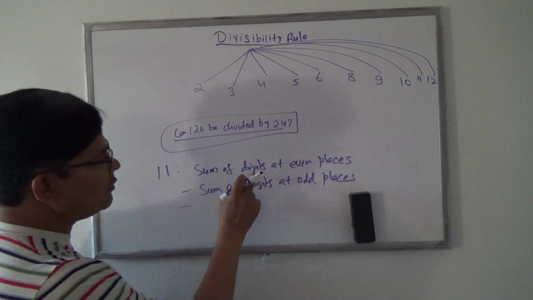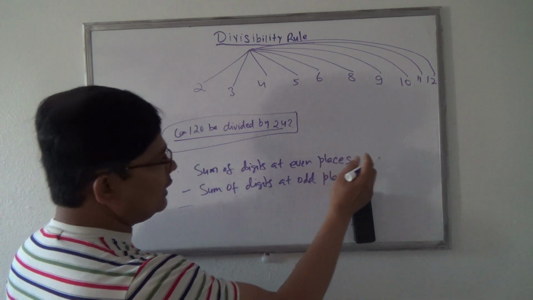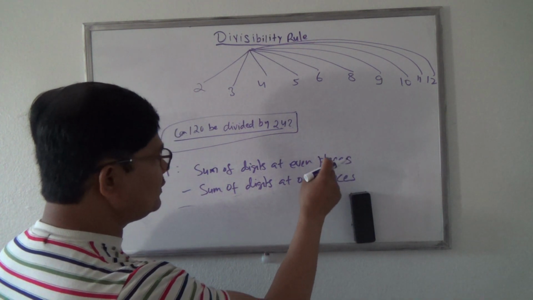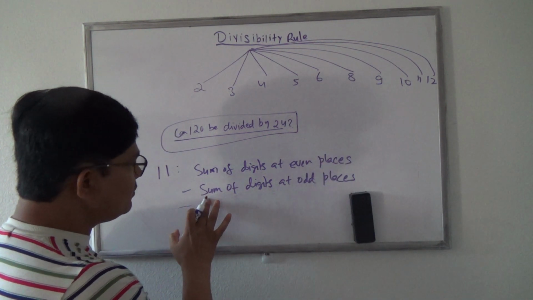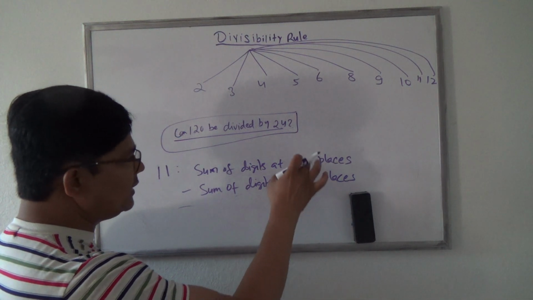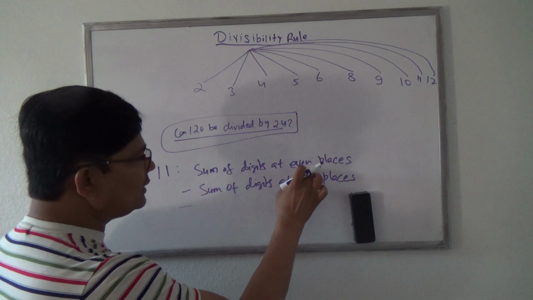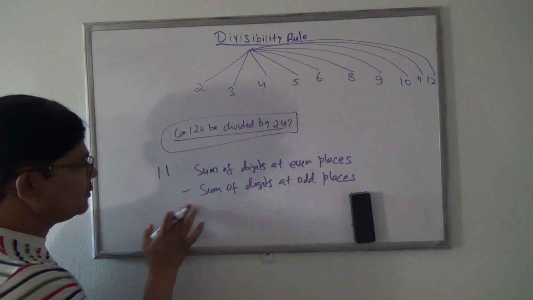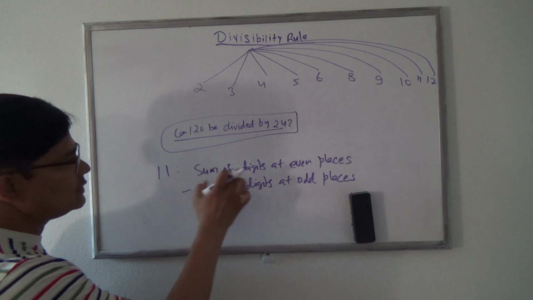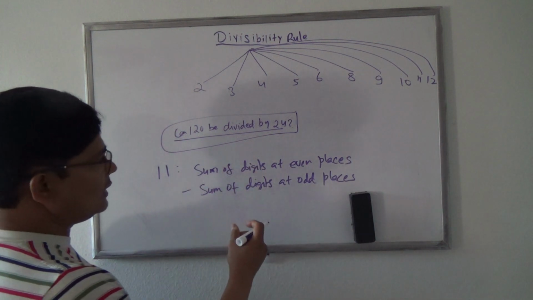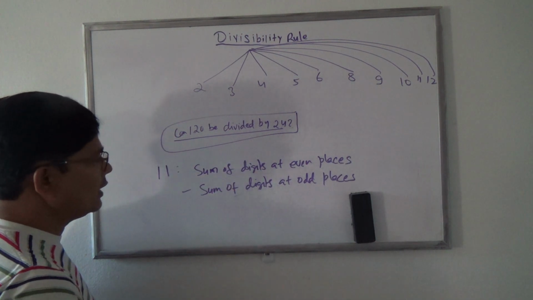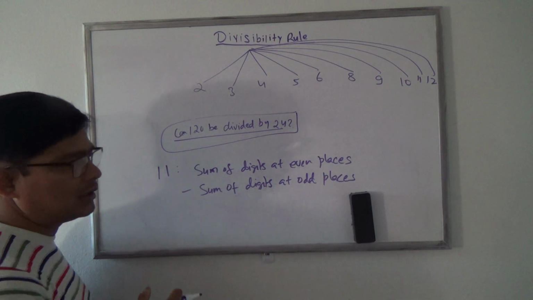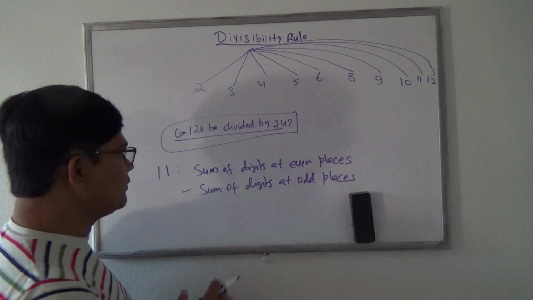If the sum of digits at the even place is bigger than the sum at the odd place, you take that difference, and if the sum at the odd place is bigger, you subtract the other way around. And if that difference is divisible by 11, you know that the given number is divisible by 11.